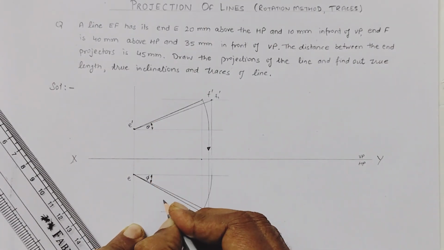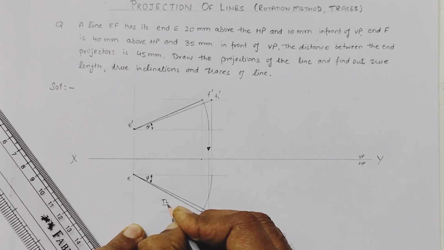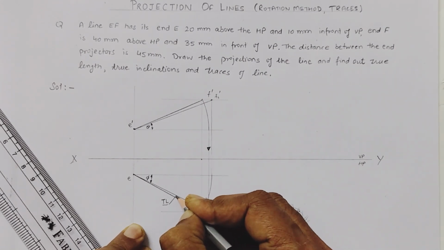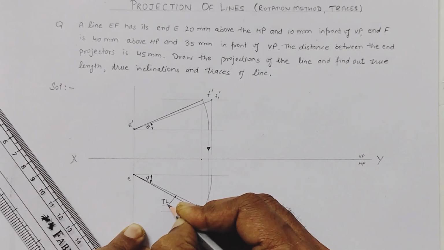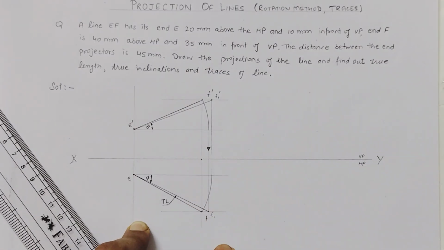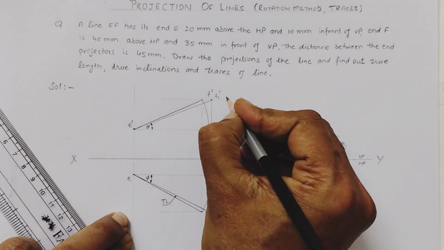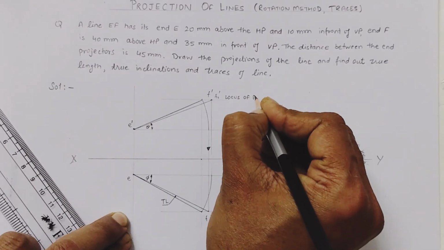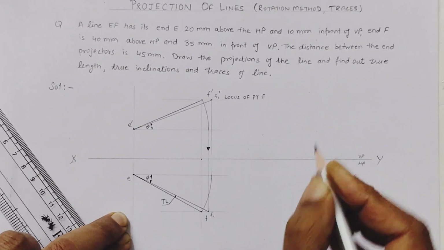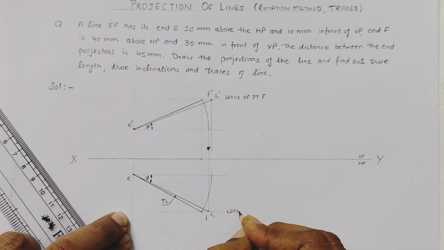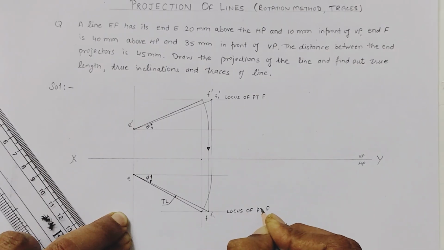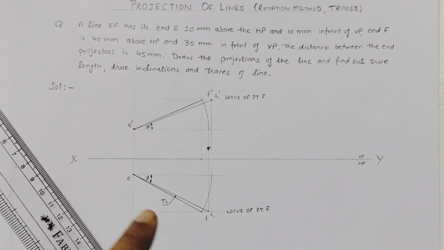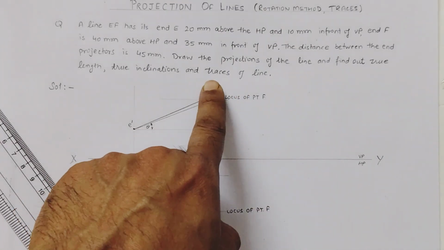This is the true length. This is the locus of point F. Similarly, locus of point F. Now we have to find the traces of the line.